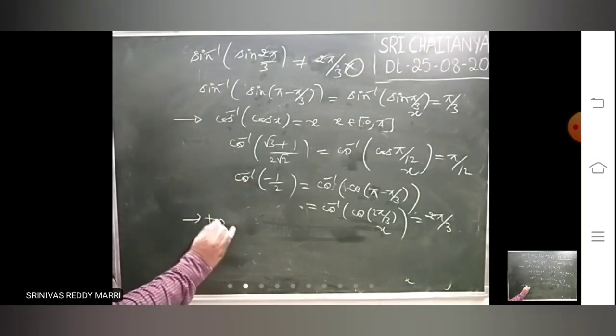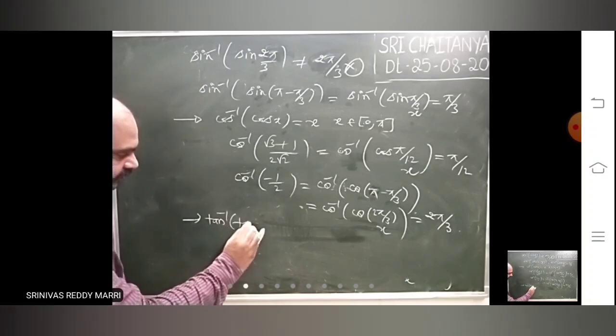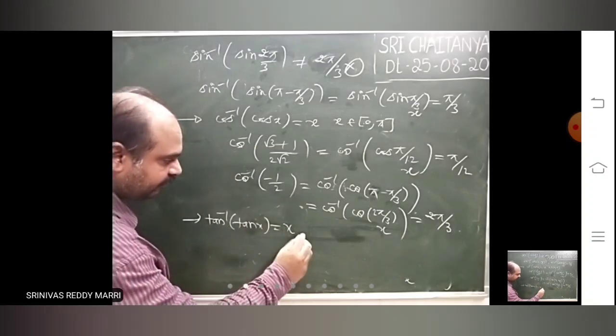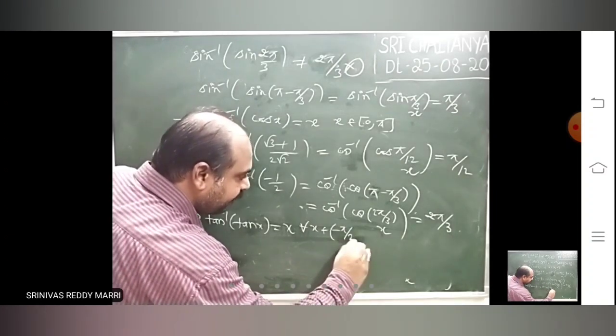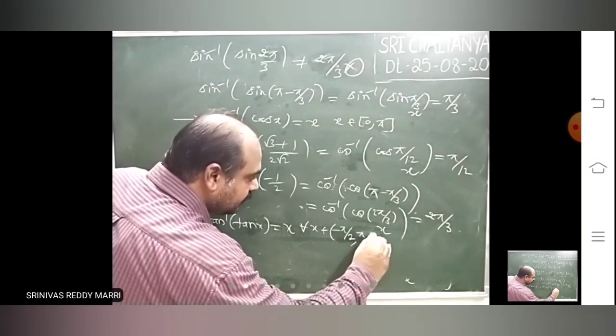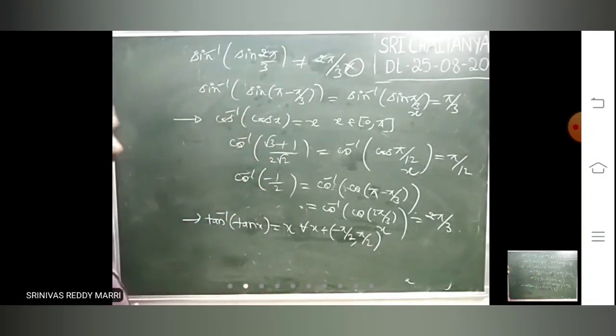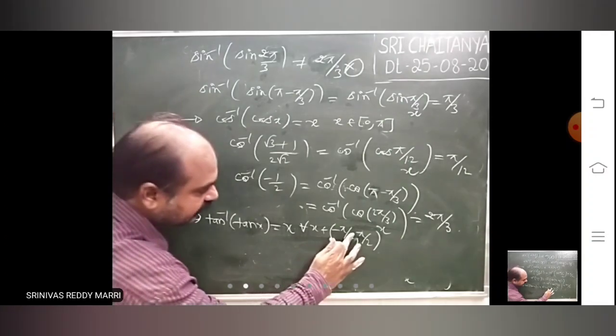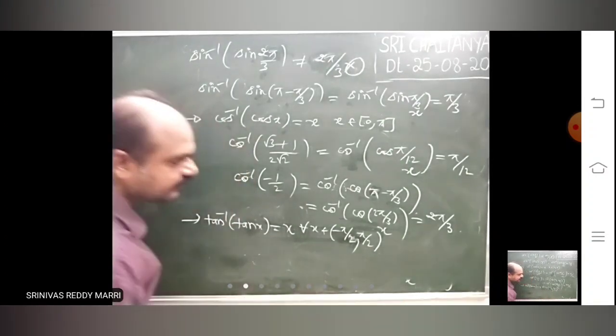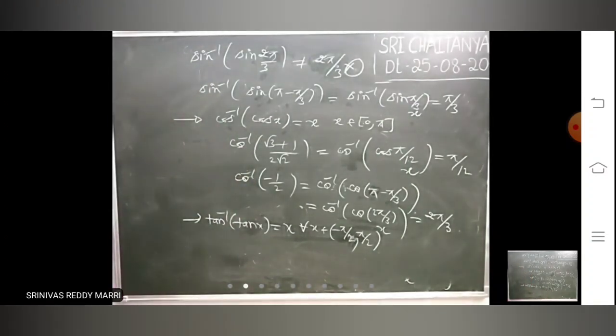Next, look at. Similarly, tan inverse tan x. Write this formula, for all x belongs to minus pi by 2 comma pi by 2, when x lies in the interval minus pi by 2 comma pi by 2.